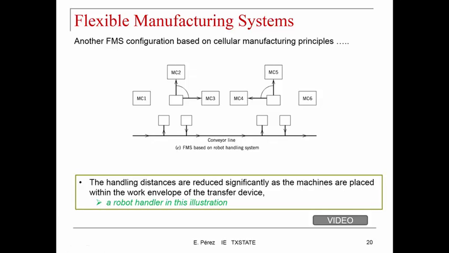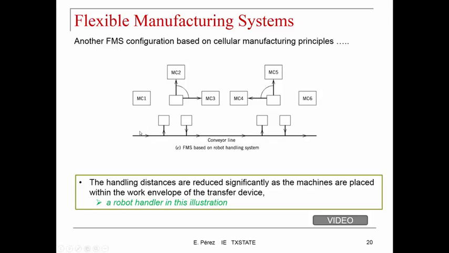Another flexible manufacturing configuration is based on cellular manufacturing principles, and here what you're going to have is a robot or a robot arm moving things from cell to cell. As you can see in this diagram, you have material handling equipment moving parts from manufacturing cell 2 to manufacturing cell 3.